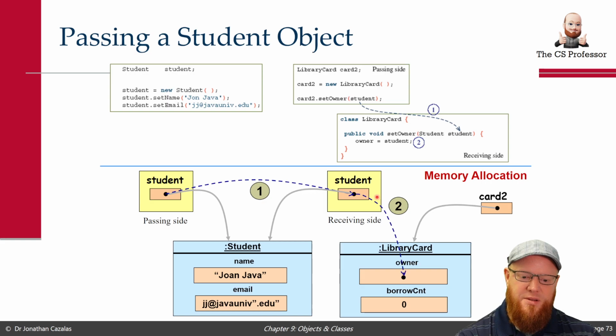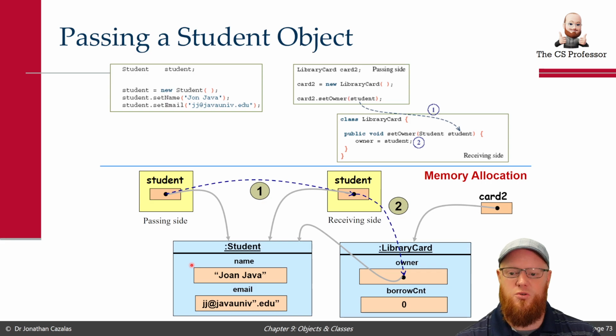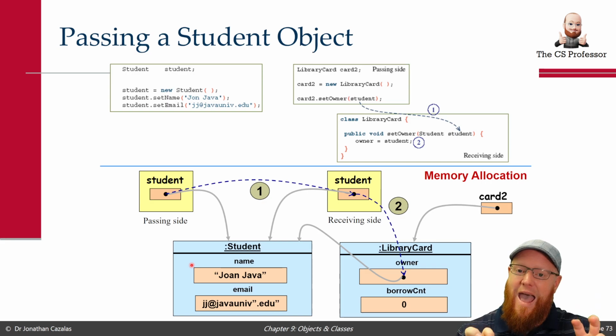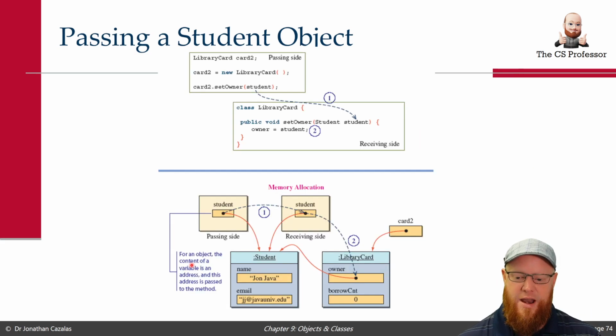And then what happens next? This is step 2. Step 2 is we save that address into this owner variable. So now owner also points over to that student object. Nothing really novel there, just the idea that we can pass over objects to methods, which really means passing the address or the reference of that object.